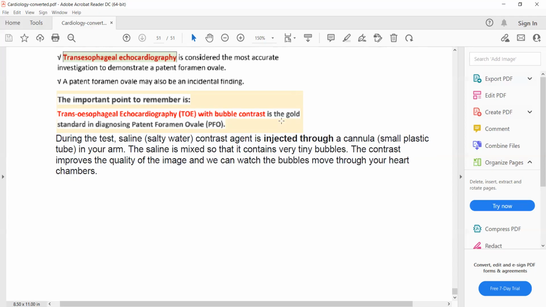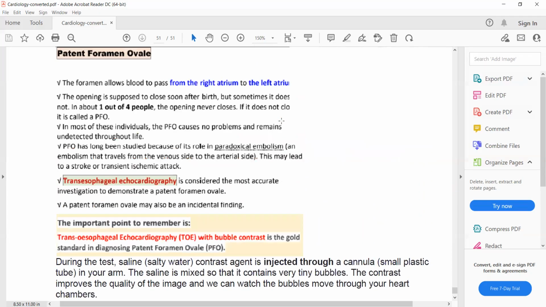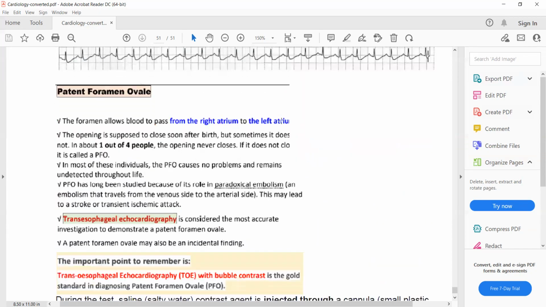And usually after birth, this foramen ovale is closed, but in some patients it remains open, which is known as patent foramen ovale.